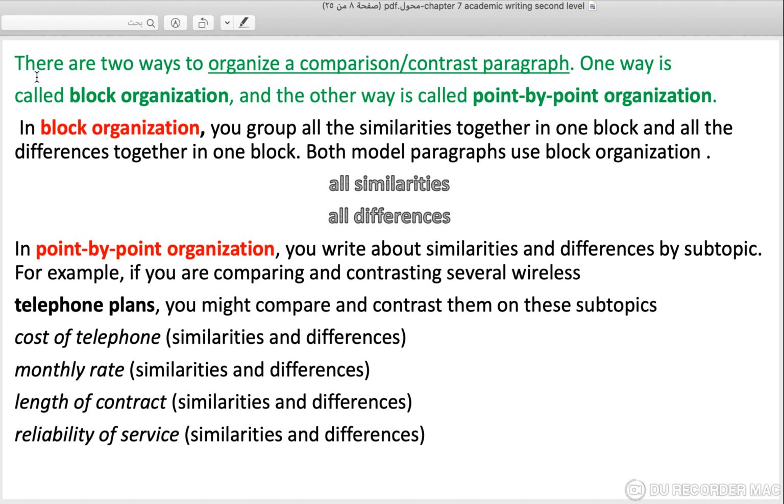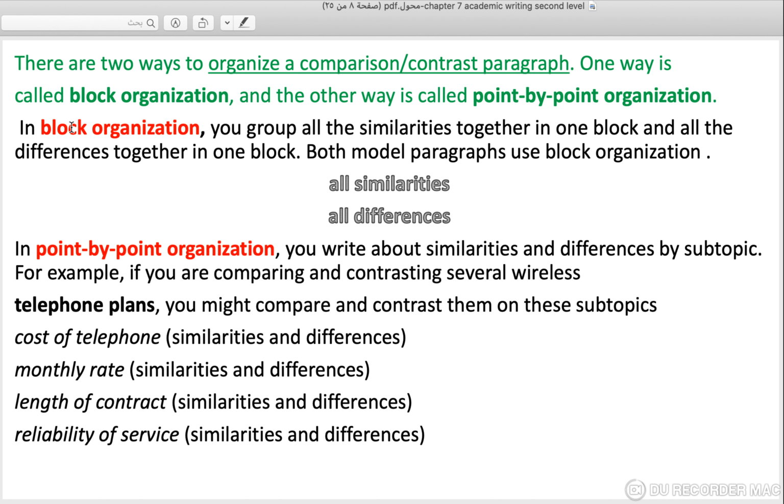Here we have: there are two ways to organize a comparison or contrast paragraph. One way is called block organization and the other way is called point by point organization. That means we have two ways to make a comparison in our paragraph.